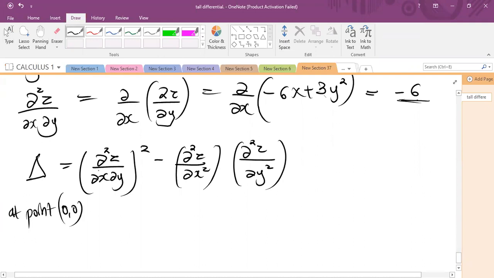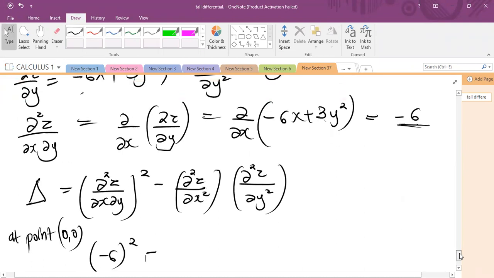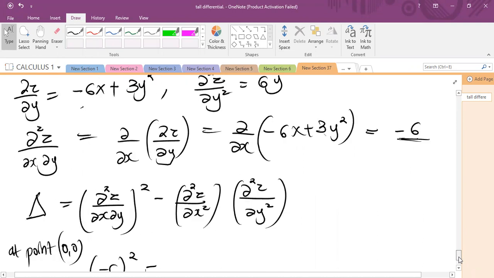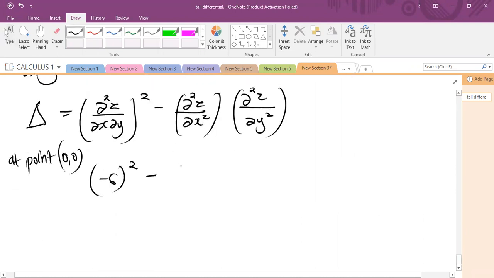So let's start with the point (0, 0), where x is 0 and y is 0. Replacing this, that one is minus 6 squared, minus the ∂²z/∂x² times ∂²z/∂y². The ∂²z/∂x² was 6x and the other one was 6y.